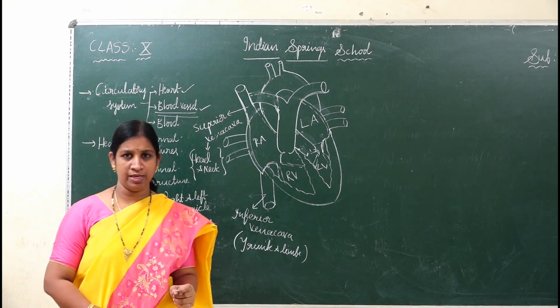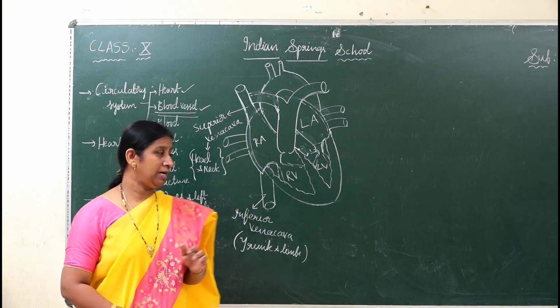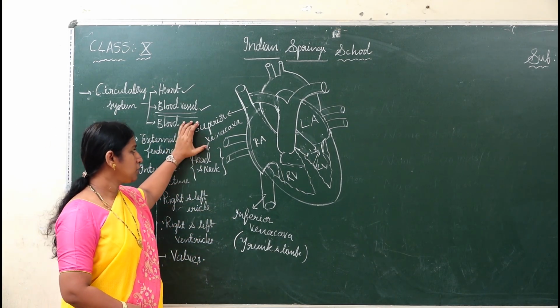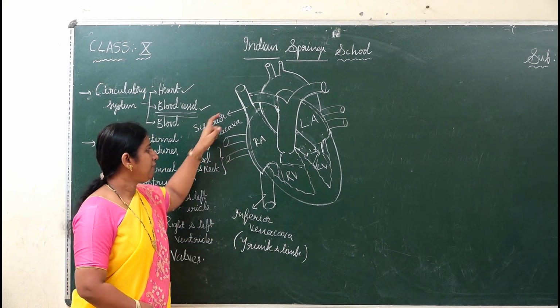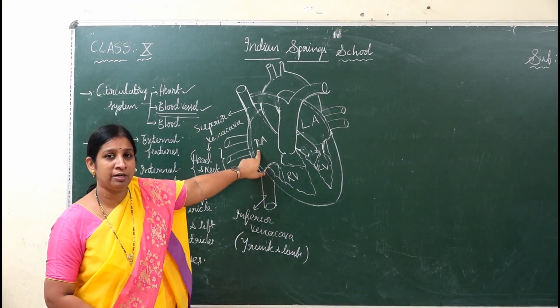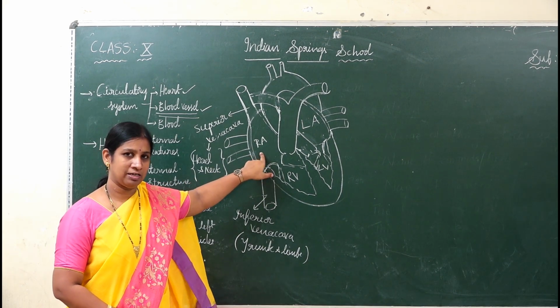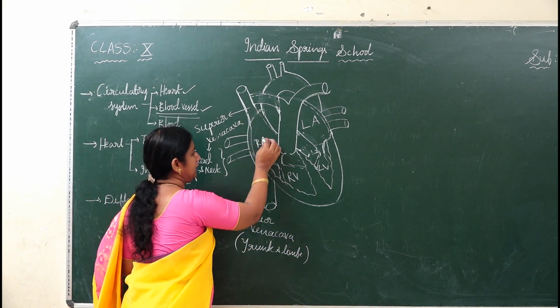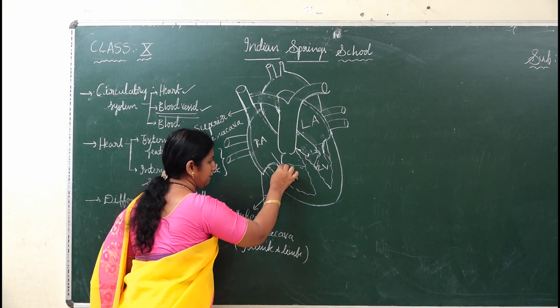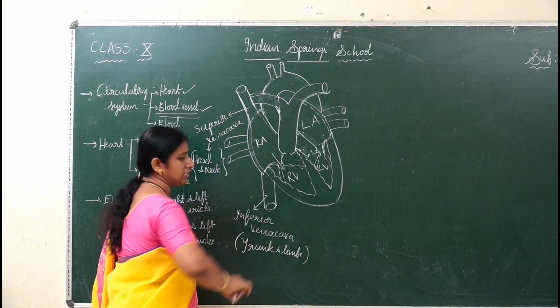In this way the deoxygenated blood collected by the superior vena cava and inferior vena cava finally enters which chamber, children? The first chamber, the right auricle. From the right auricle the blood starts to move down.